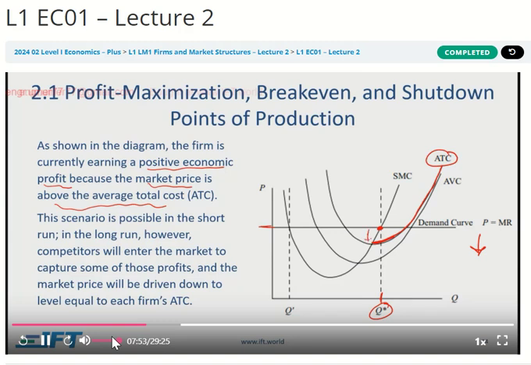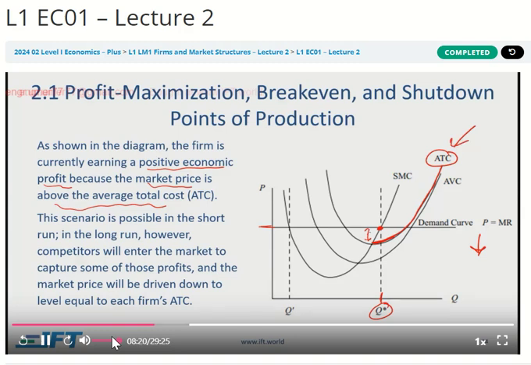Now in economics, cost includes the cost of capital, which means whoever are the providers of capital to this firm, whether they are bondholders or the bank which has given a loan or the stockholders which have given equity to this business, their cost of capital is already included in this average total cost.